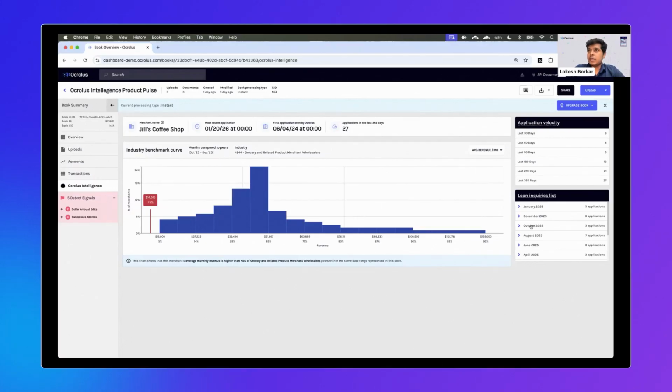For example, you can see a clear spike around August. If you scroll through it, you'll see that there are 3 applications every month, and you'll see a spike around August. What you'll also notice is that there's a similar sort of spike happening in January.